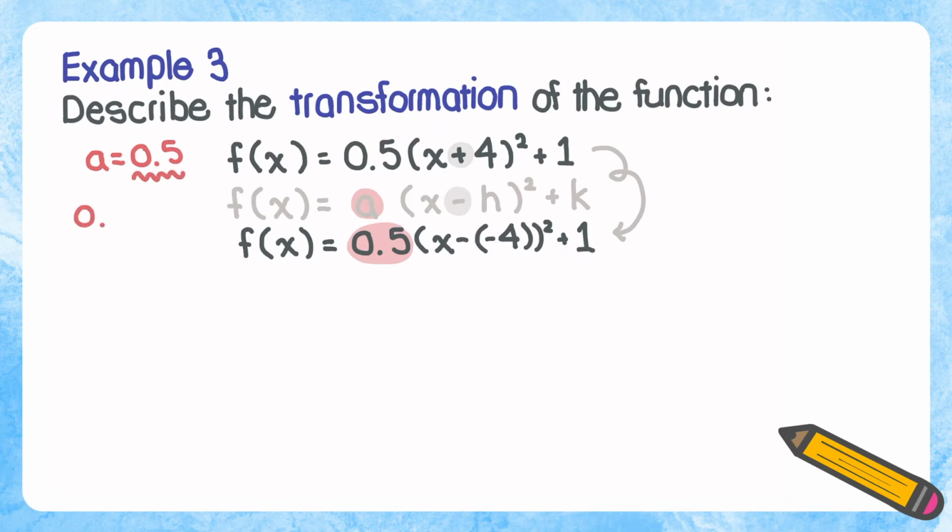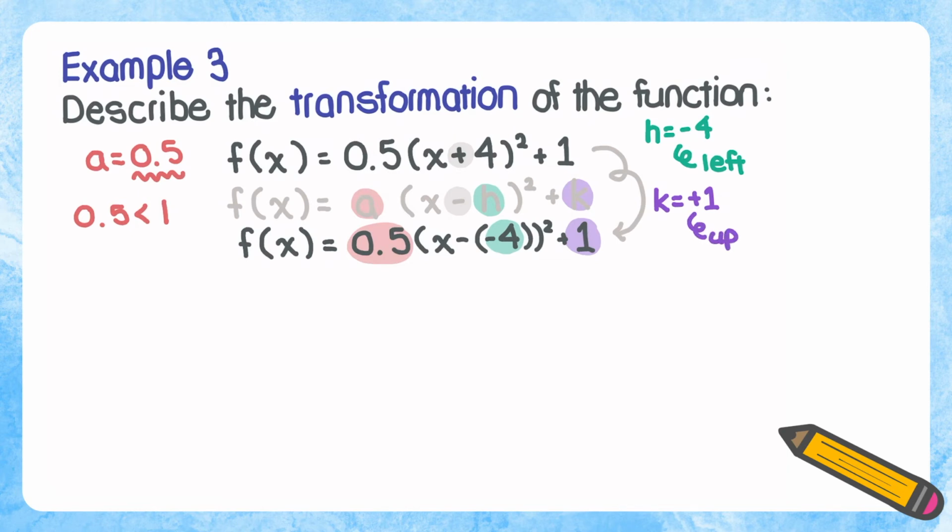Since 0.5 is less than 1, I'll have a vertical shrink. And our h is replaced by negative 4, so h equals negative 4, which means we'll be moving left. And k is replaced by positive 1, so k equals positive 1, which means we're moving up.